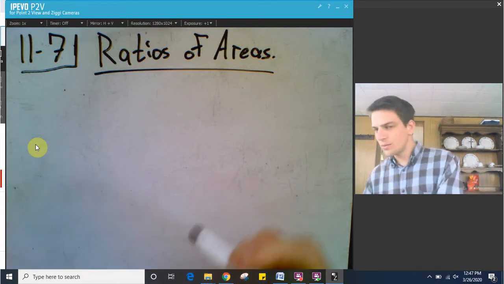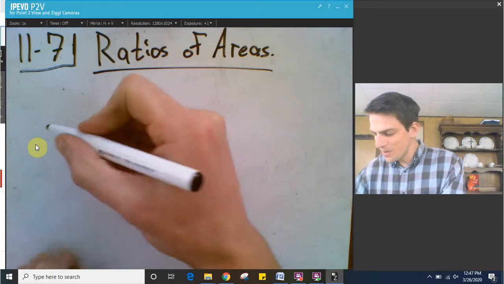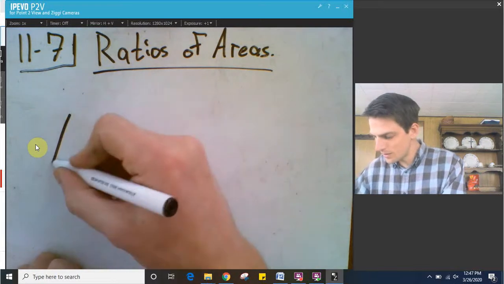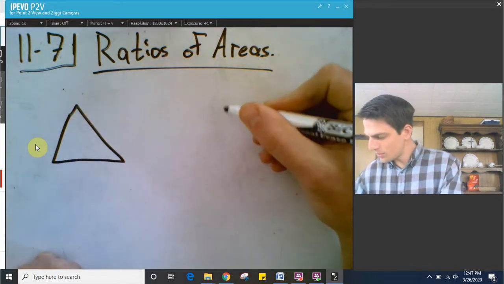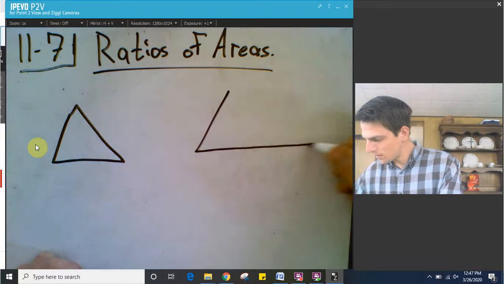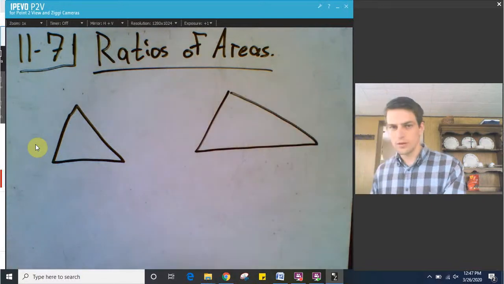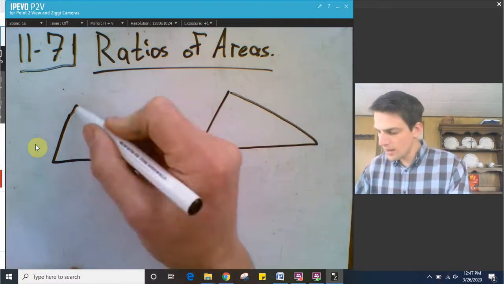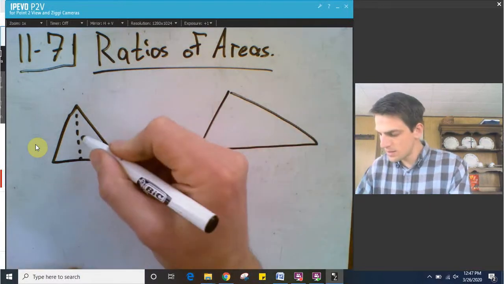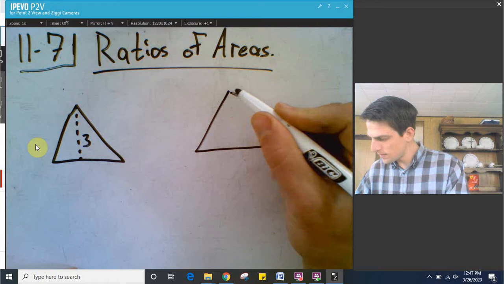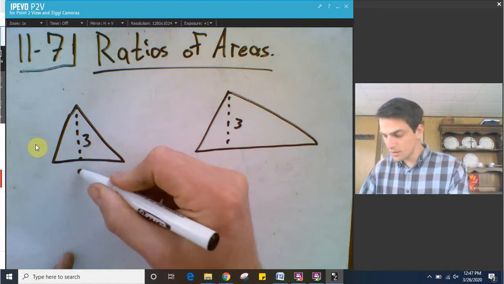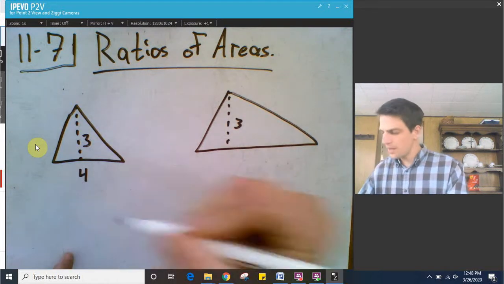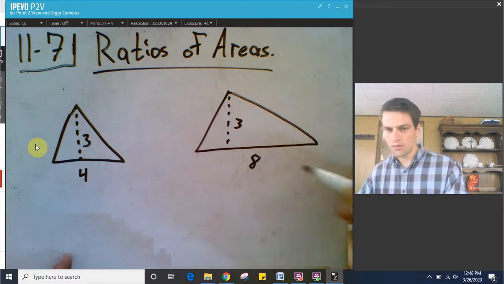So let's say we have, I'll give you an example here, two triangles. This is triangle 1, and we'll make this triangle 2. Both of these triangles are going to have a height of, let's say, 3. We're going to make the first one have a base of, let's say, 4, and the second one is going to have a base length of 8.